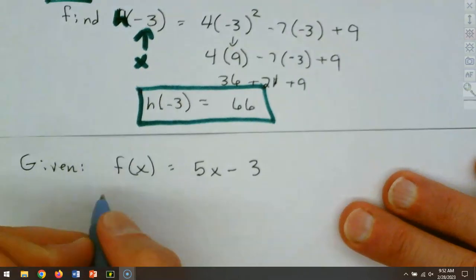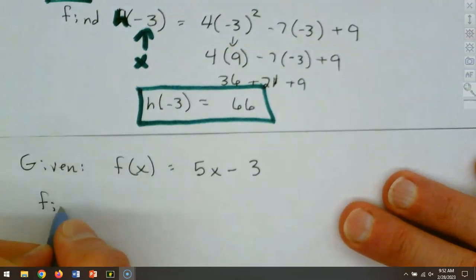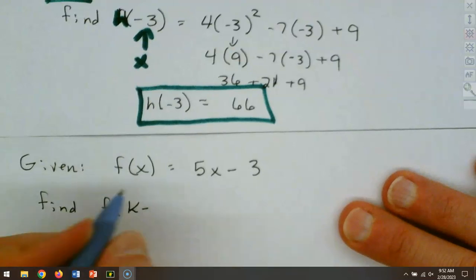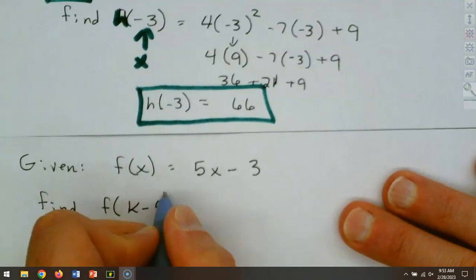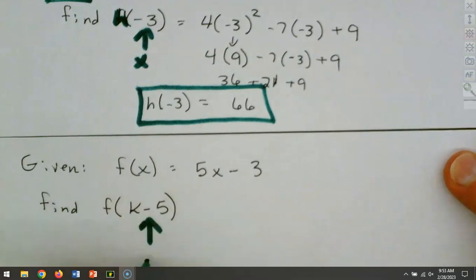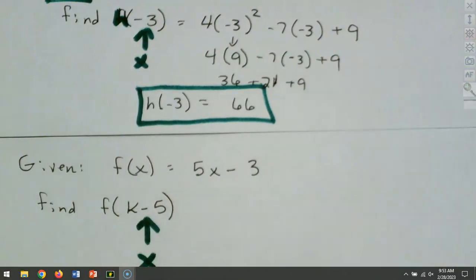And I want you to find f of k minus 5. Now, how would this work? Well, this k minus 5 is going to replace the x everywhere. So we work it out exactly the same as the others. We plug in that k minus 5, and then we simplify it down a bit.